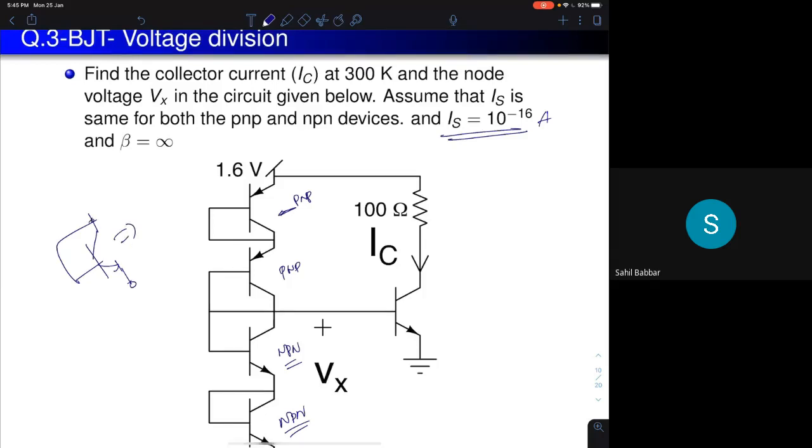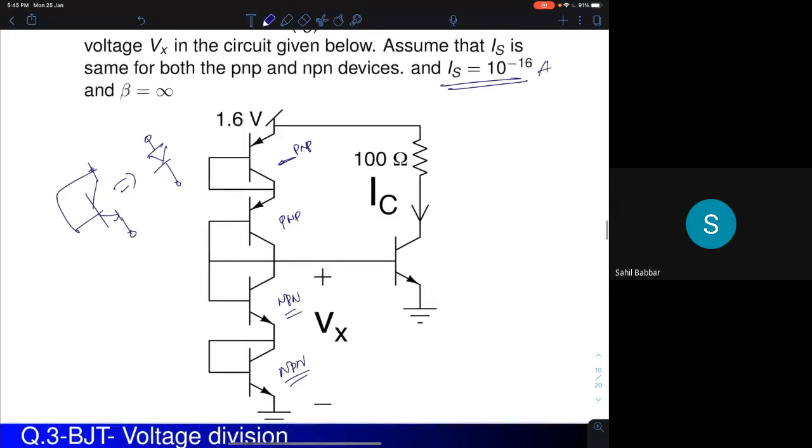This can be approximated as a simple diode structure. Can you quickly see that this is a PNP transistor. If I take a PNP transistor like this and short these 2 terminals, this is P, this is NP, but N and P are shorted. So I will just treat this as one forward bias diode.